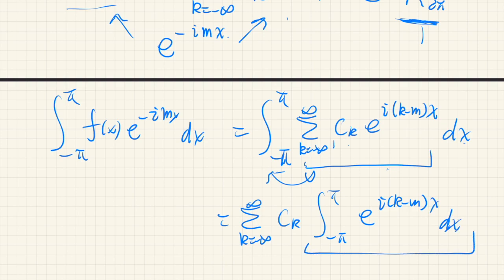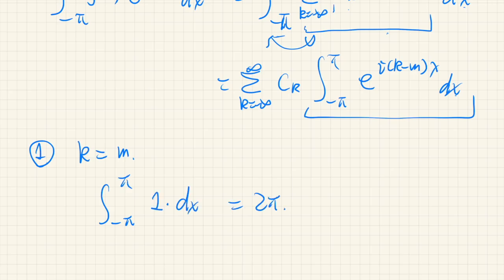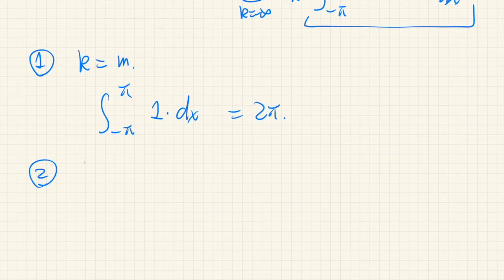So what is this integral? We consider two separate cases. So case 1, when k is equal to m, then this exponent becomes 0, so it's just the integral of 1 dx. That is 2π. And second case, when k is not equal to m, then in this case we have this integral of exponential i (k minus m) x dx.